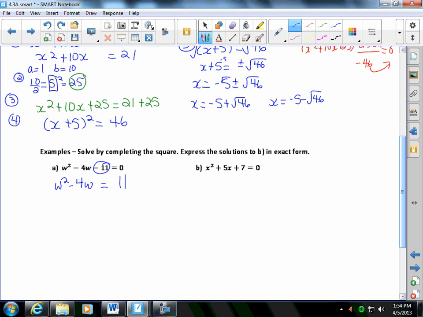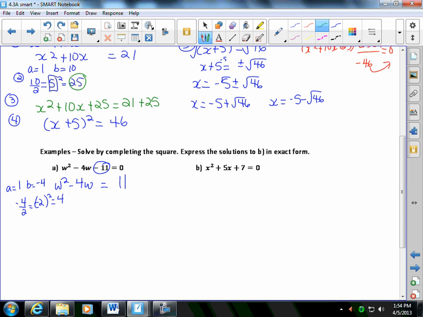My a value is equal to 1, which it is in this case, and b is equal to negative 4. So I take that b value and halve it to get negative 2, and then I square it to get positive 4.